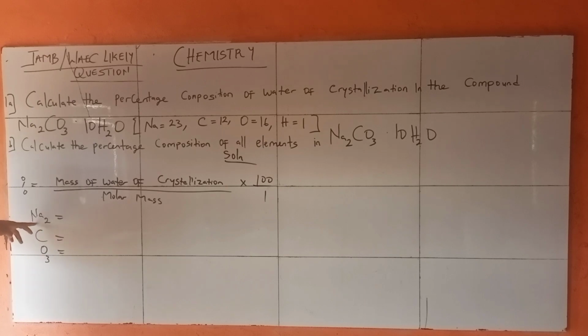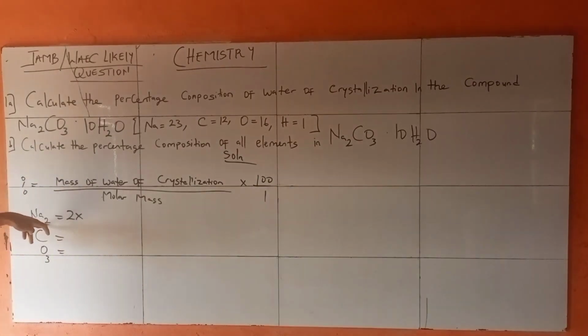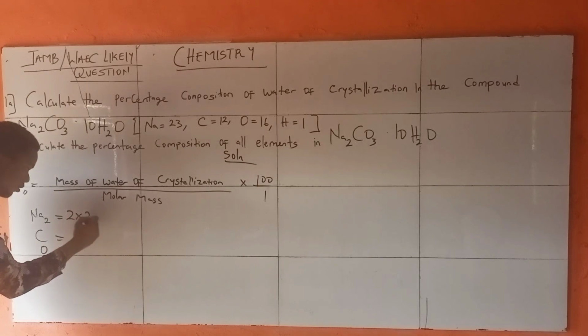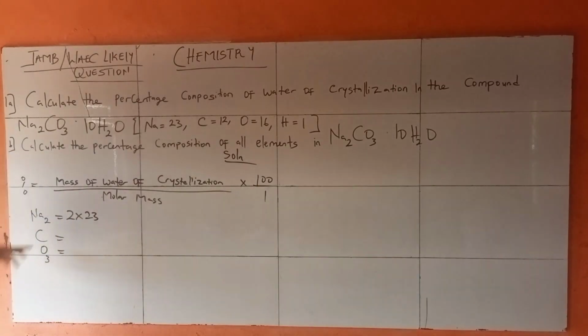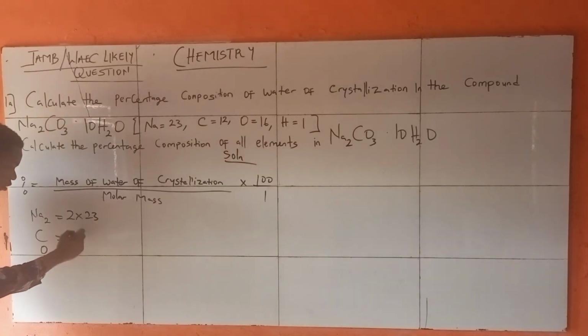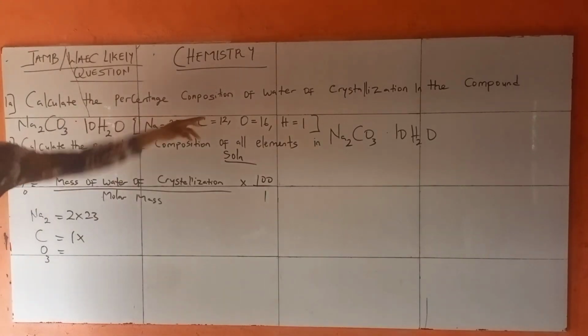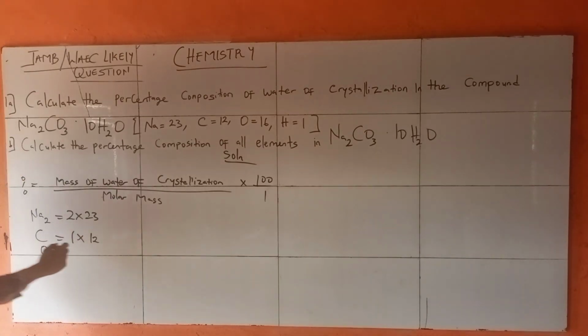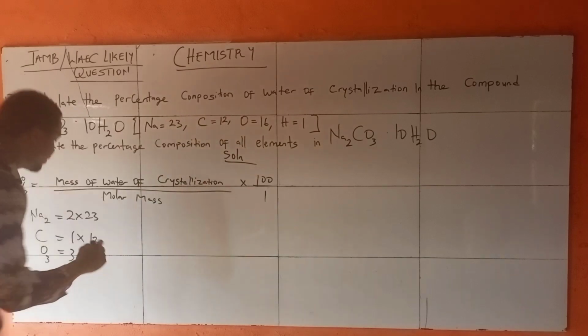So here we have 2 times the atomic mass of sodium, 23. Our carbon here is one atom of carbon times the mass of carbon, 12. Our oxygen here is 3 atoms of oxygen times the mass of oxygen, 16.